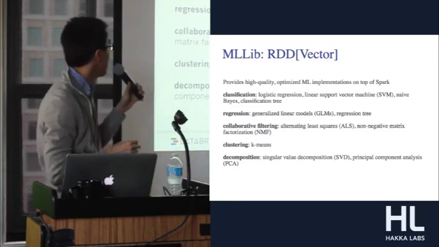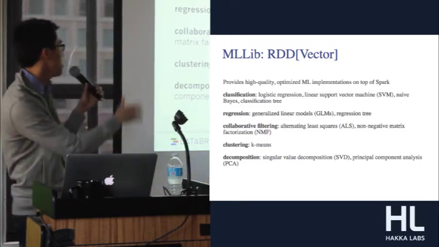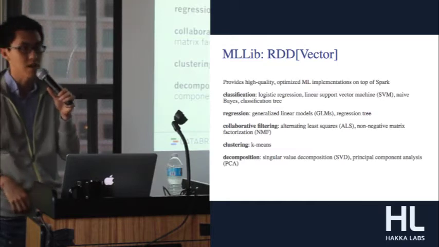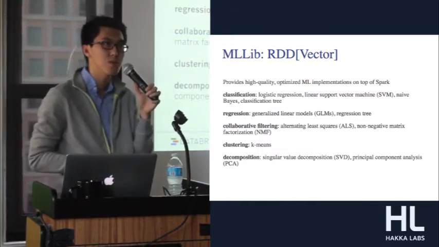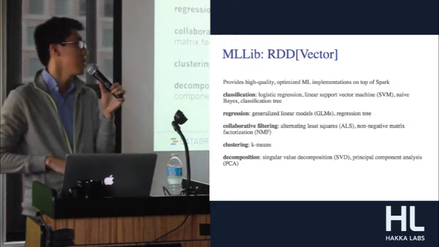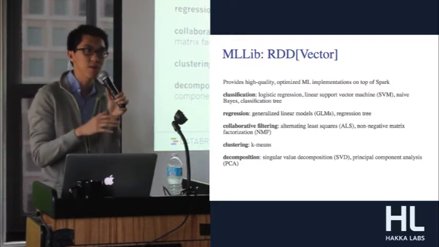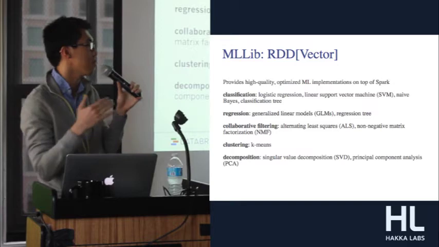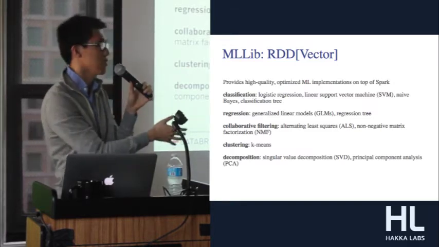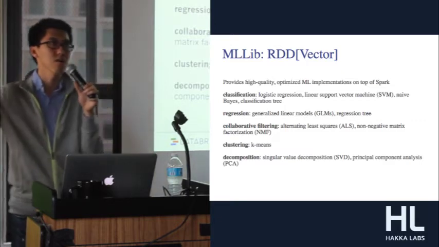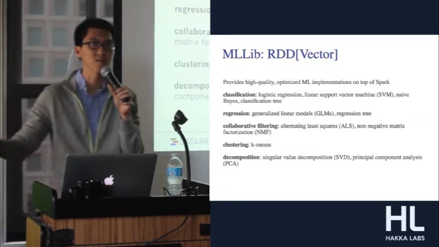In the Spark 1.0 release, this is all the functionality available right now. The nice thing about MLlib is that it's written by experts, carefully code reviewed, and pretty well documented. You don't have to worry about whether this is going to scale. You can run this code on a single node, and then scale it out to tens and hundreds of thousands of nodes later.